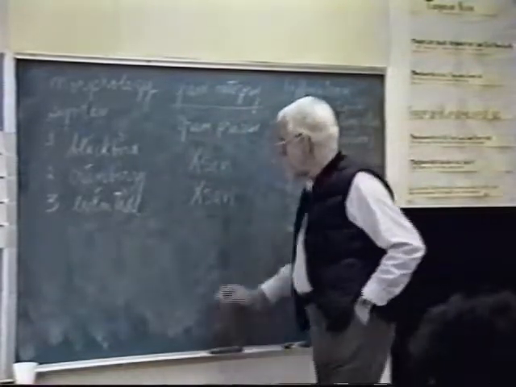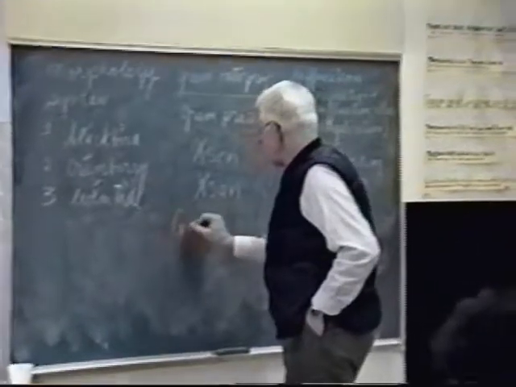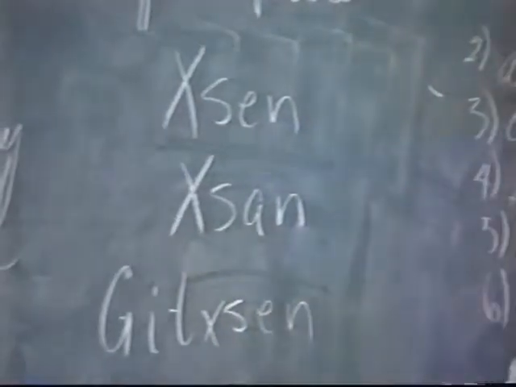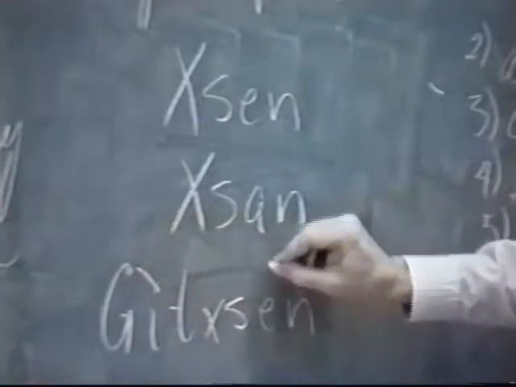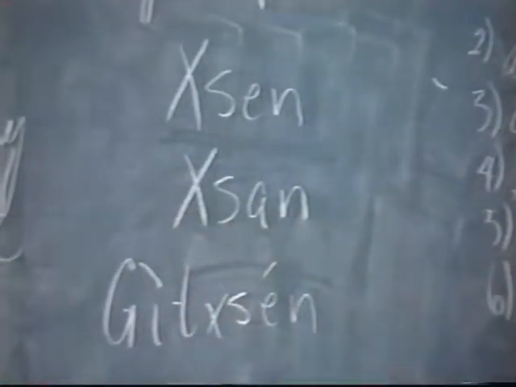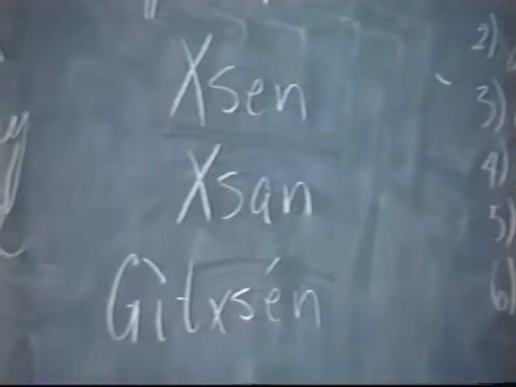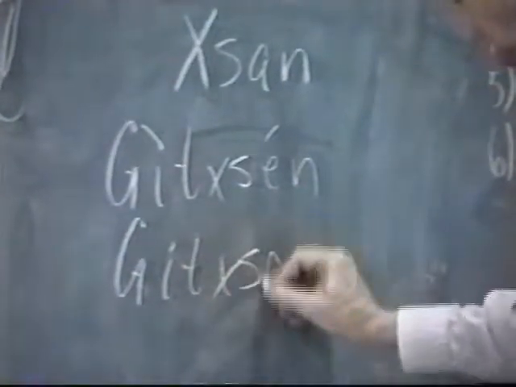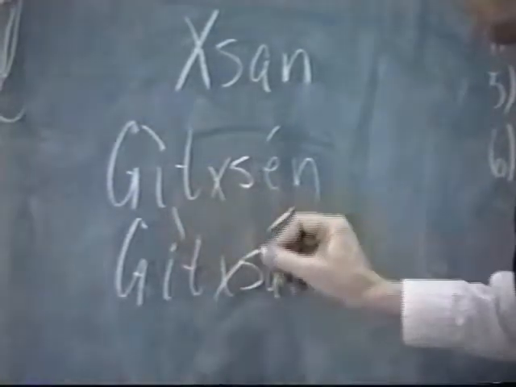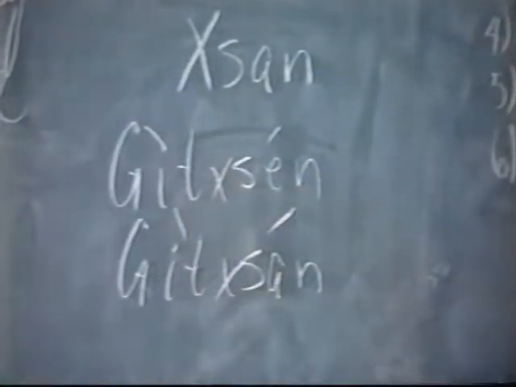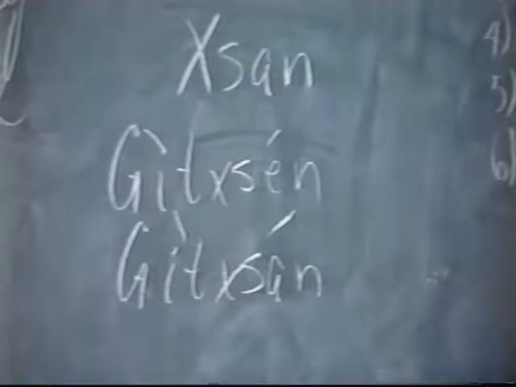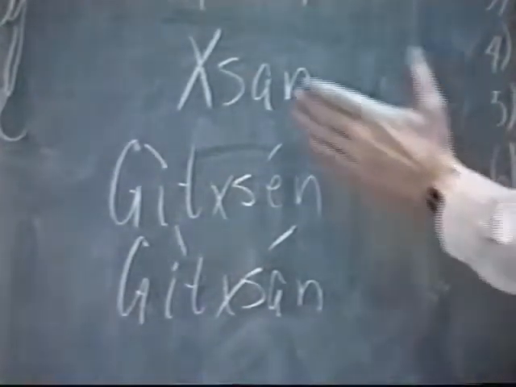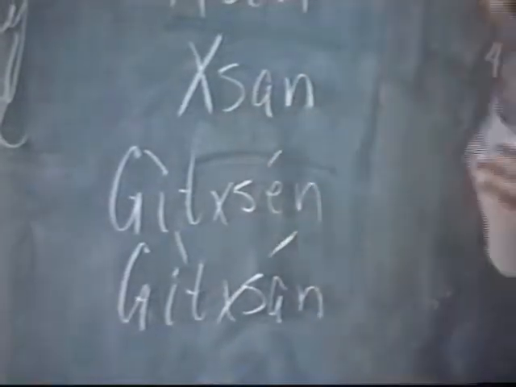Now, notice that the people of the Skeena River in western are the Gitksan, secondary stress, primary stress, Gitksan, and in eastern, Gitksan, not Gitksan, but Gitksan, where you have the primary stress.